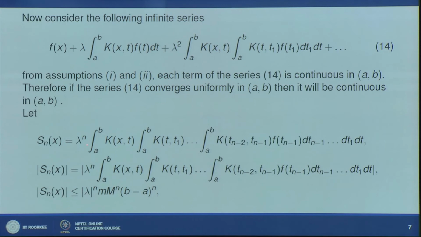So look at the nth term of this infinite series. S_n(x) is given by this term, the only thing is that the upper limit is replaced by x. When we use the condition that k(x,t) is bounded by capital M and f(x) is bounded by small m, we can write the capital M term outside, and modulus of lambda to the power n is already there. The only thing that changes here is this.